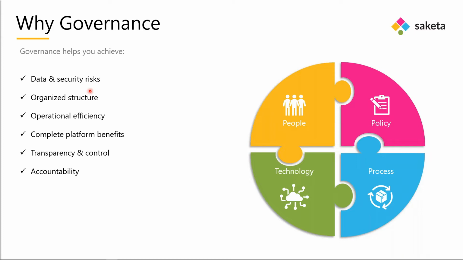Governance also helps you to maintain a well-organized structure. It will help users create and maintain a better organized structure at each and every level across your tenant, and maintain best practices so that you do not encounter previously discussed problems like content sprawl and quality deterioration.